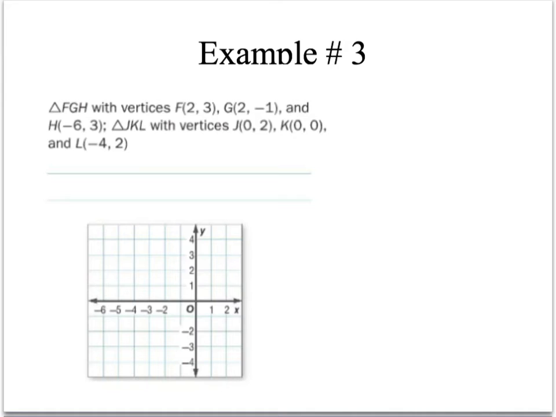Example number 3. Triangle FGH: F is at 2, +3, G is at 2, -1, and H is at -6, +3. So I have this triangle, and JKL, which is 0, 2, 0, 0, and -4, +2, which is this triangle kind of inscribed inside the bigger triangle.